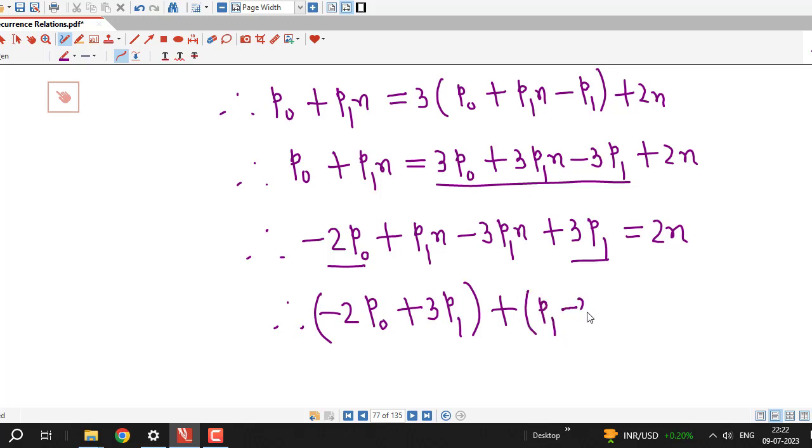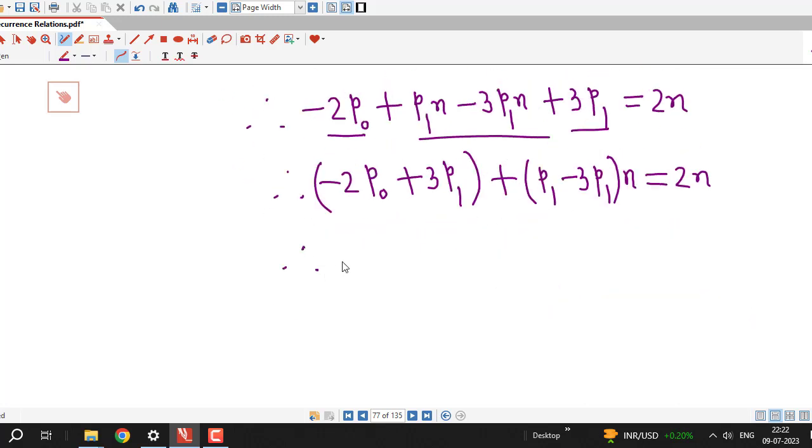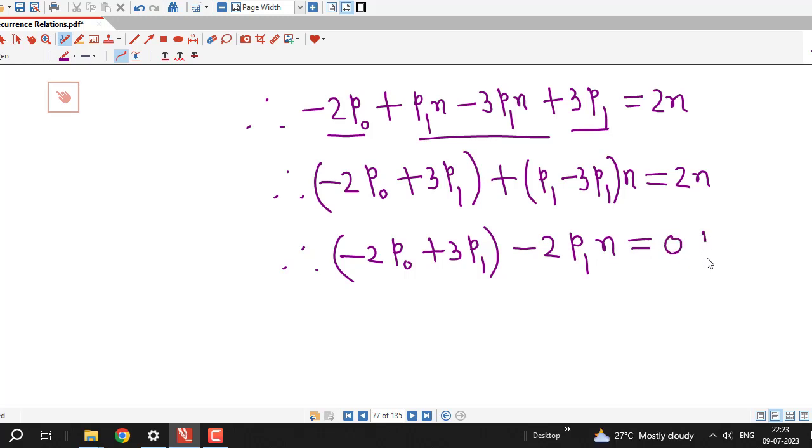So p1 minus 3p1 into n, and that is going to be minus 2p1 into n, equal to 2n. Therefore minus 2 times p0 plus 3 times p1, and this is going to be minus 2p1 times n, equal to 0 plus 2 times n.